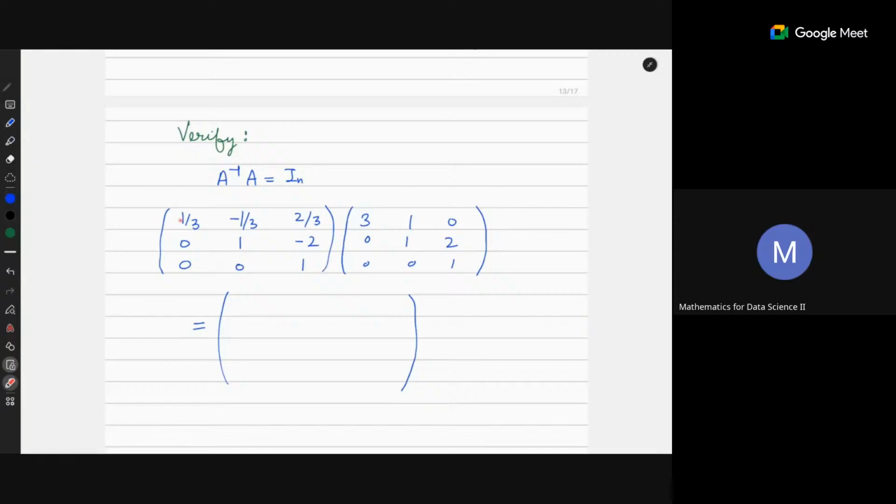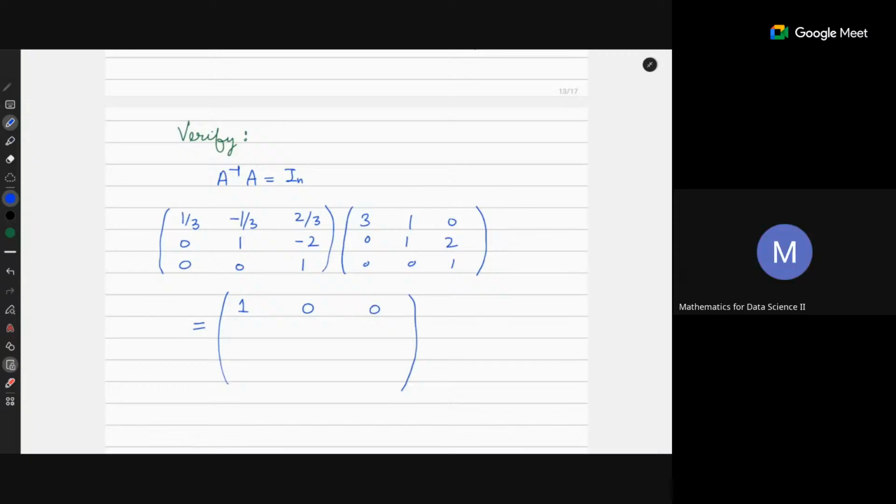First row times first column will be 1. Now what will be the second entry? 0, right? And what was the third entry? First row, third entry: -2/3 plus 2/3, so it will be 0.